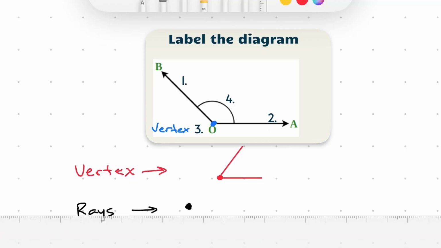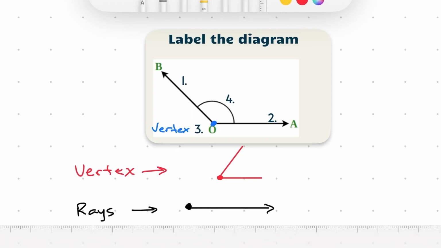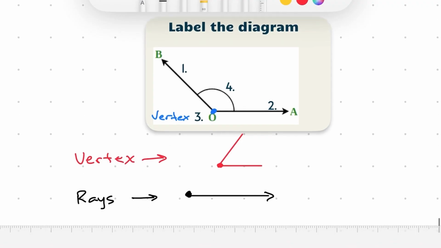So for example, a ray could look something like this, where this is the endpoint and it continues on forever to the right side. So in this case, we have two rays in our diagram. One of them is OB and the other one is OA. So therefore, number 1 is a ray and number 2 is also a ray.